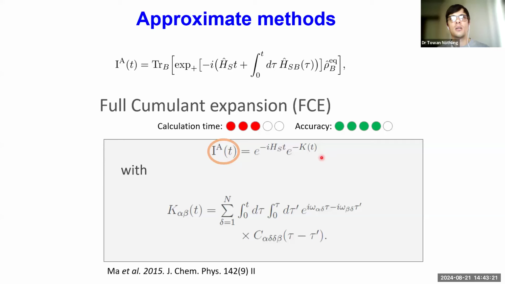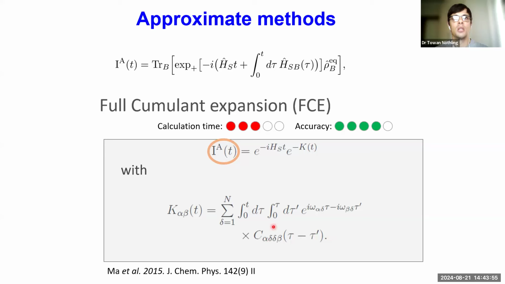We find this expression that I just showed. This deals with unitary evolution, and this deals with the energy level fluctuations due to the interaction of the environment. I'll not go into detail here, but as you can see, this K matrix has only the correlation functions of the bath in it.